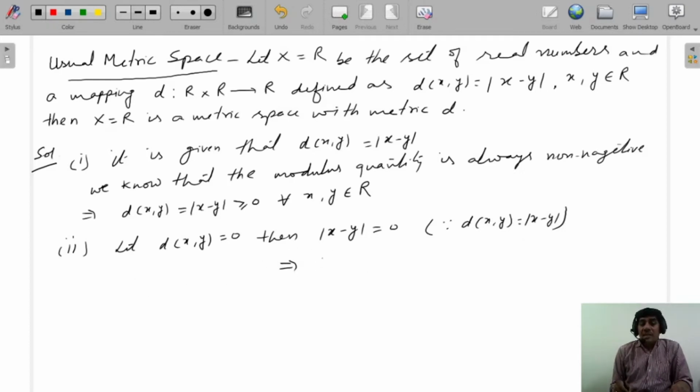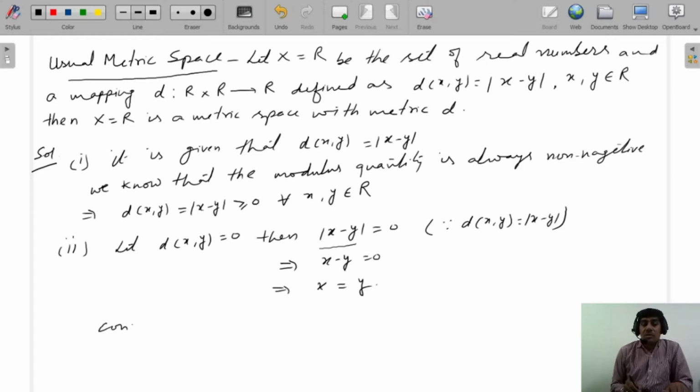This implies x minus y is equal to 0. If any number having modulus equal to 0, then the number must be equal to 0. Therefore, x minus y must be equal to 0. This implies x is equal to y.